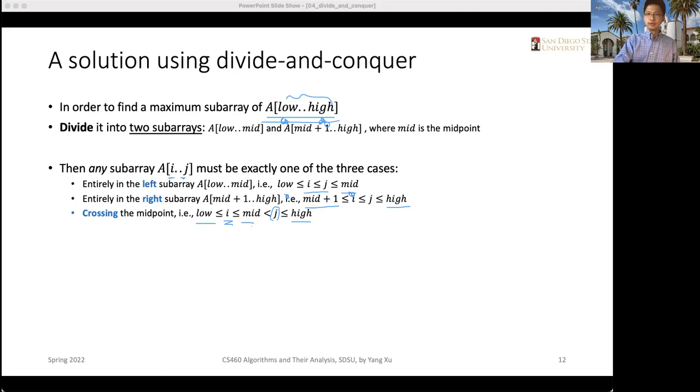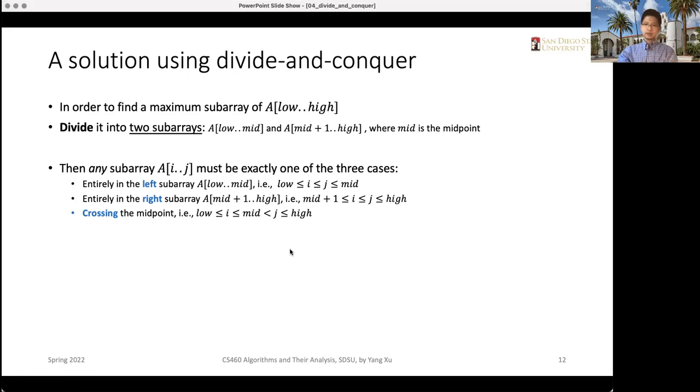All right, let's carry on with the problem. It gives us hope: after dividing the original input into two halves, we have three cases, and all we need to do is solve these three cases individually.